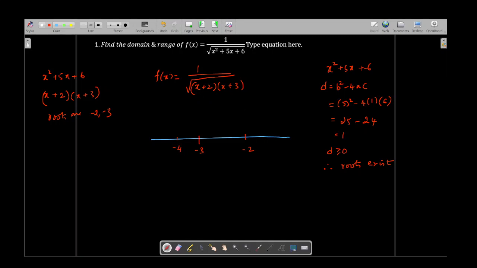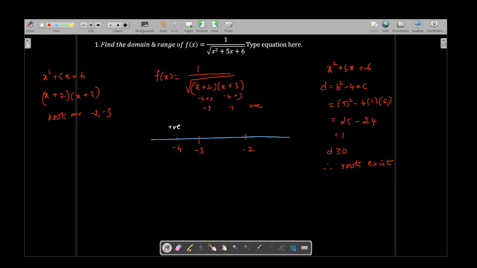What happens here is minus 4 plus 2 and minus 4 plus 3, which is minus 2 and minus 1. Both are negative. Both x plus 2 and x plus 3 are negative because minus 4 is much lesser than 2 and much lesser than 3. So both are negative. If both are negative, the product is positive. So the product over here is positive.